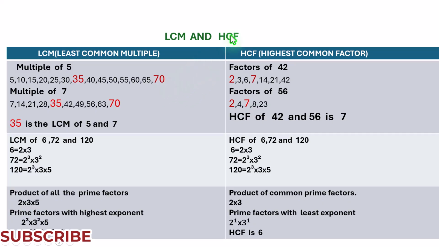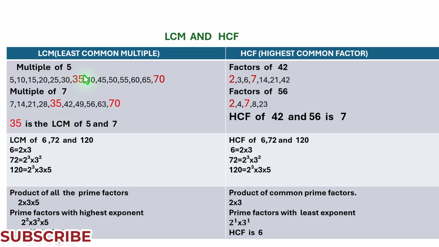Next, least common multiple and highest common factor. Consider the multiples of 5 and the multiples of 7. 35 and 70 are multiples of both 7 and 5, but the least common multiple is 35. 70 is also a multiple of both 5 and 7, but the least common multiple is 35.